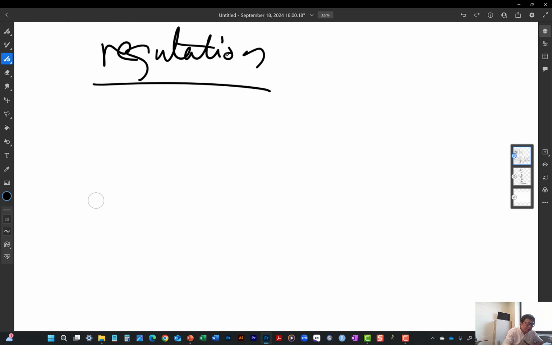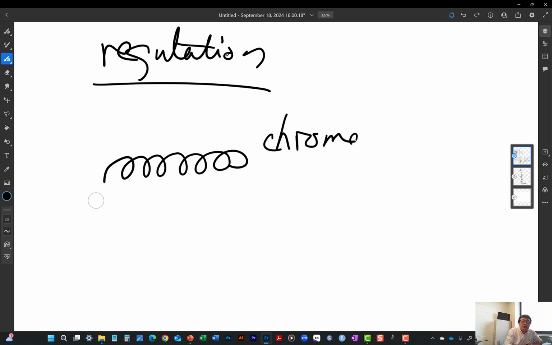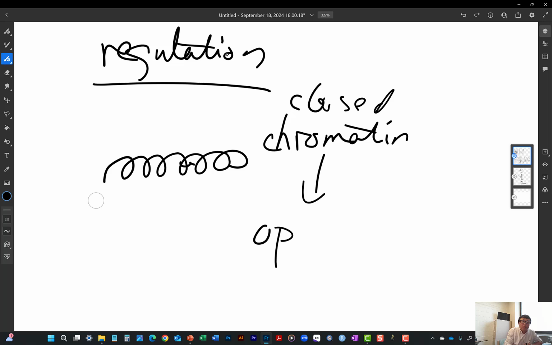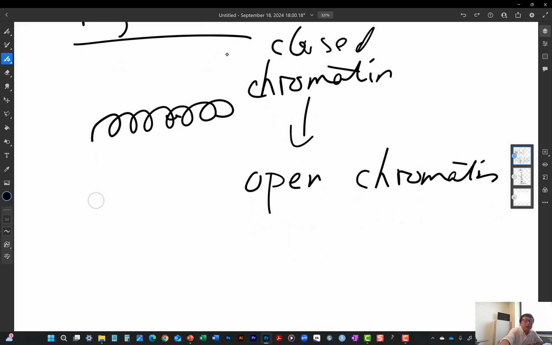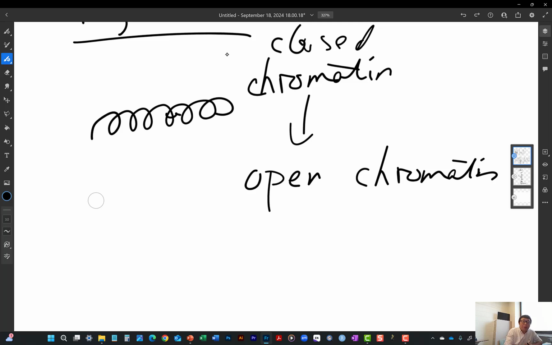First, the gene exists, the DNA exists in the chromatin. In most cases, the chromatin is closed. Closed chromatin needs to be opened. And how can you open the chromatin? There are some ways to open the chromatin. The key thing here is DNA wrapping on the surface of a histone.